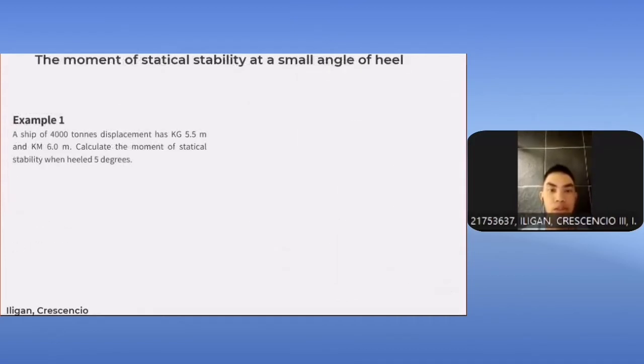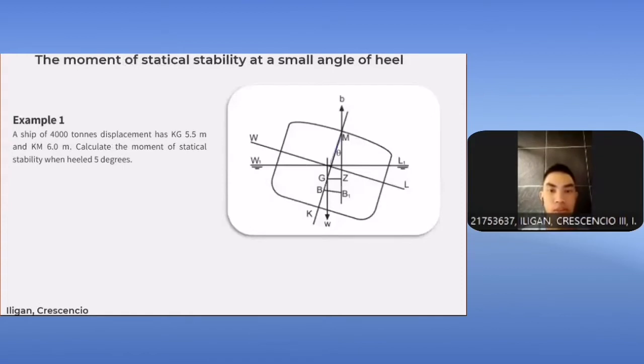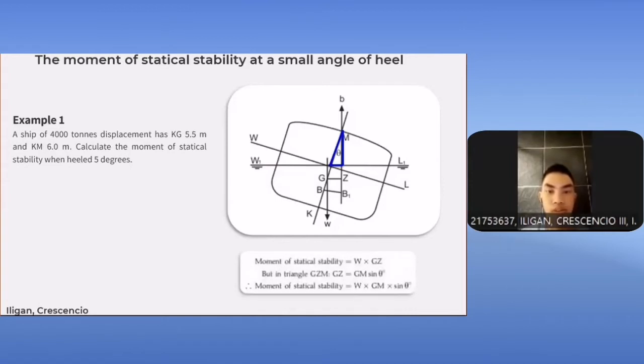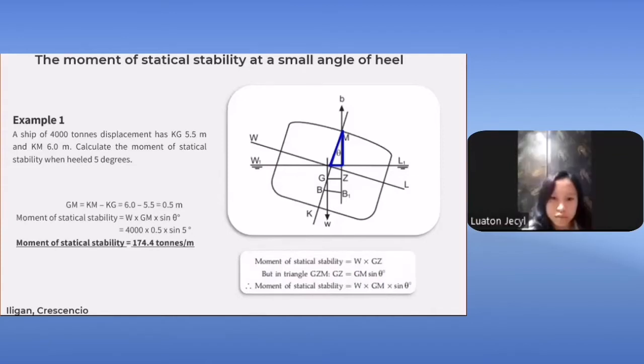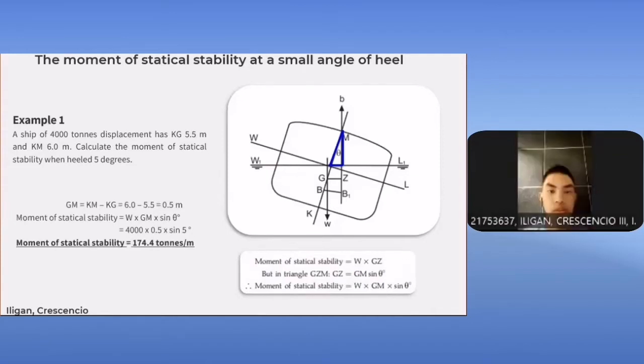A ship of 4,000 tons displacement has a KG of 5.5 meters and a KM of 6 meters. Calculate the moment of statical stability when heeled 5 degrees. In order to find the statical stability, you need to find the GM first, which is not given. So you use KM minus KG, which is 6 meters minus 5.5 meters, so GM is 0.5 meters.